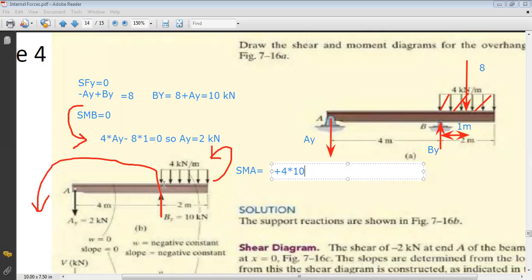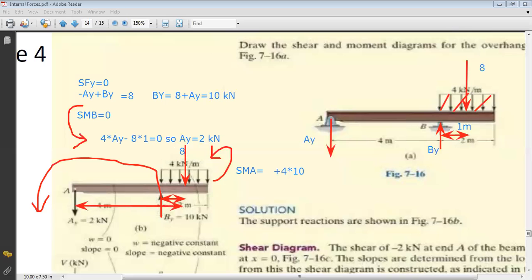Now for my distributed load, as usual, I replace it by a force. We already found the force, it's 8, and it passes by the middle. So here I have 8, and we have already seen together that the distance to this point is 1. But since I'm doing sum of moments about A, I need the whole distance, which is 1 plus 4 equals 5.